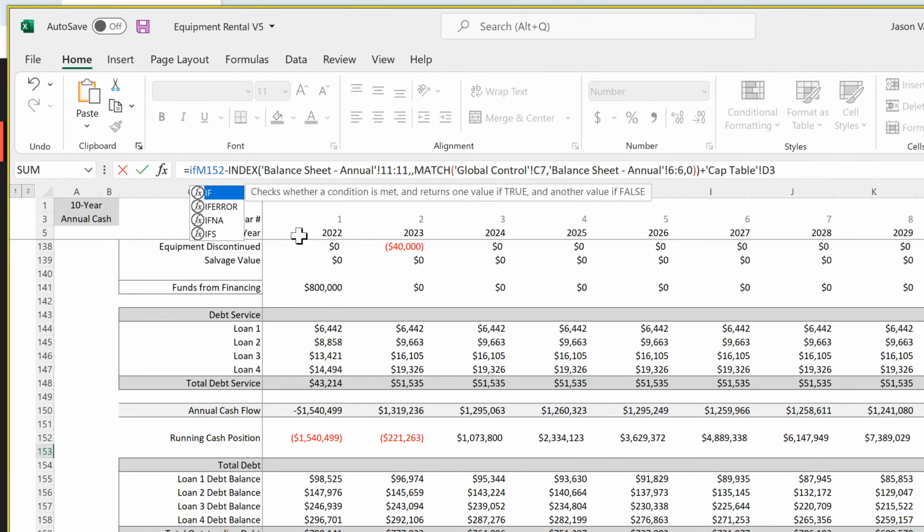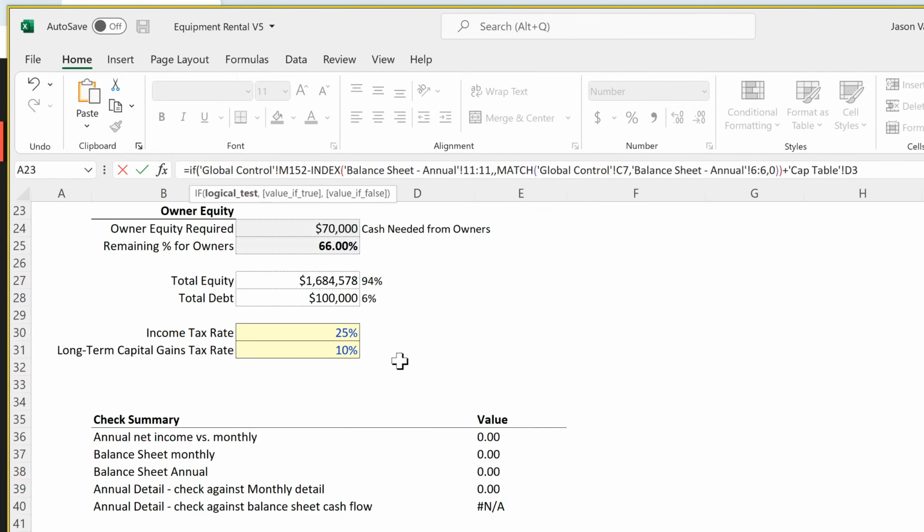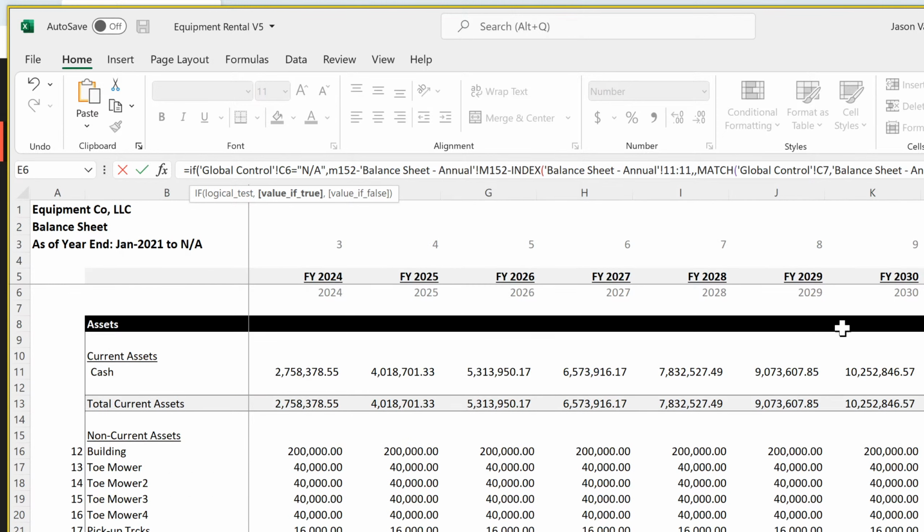We're going to go if this input equals NA, then do M152 minus the cash balance at the end of the last year, because it's just going to go all the way through since there's no exit.